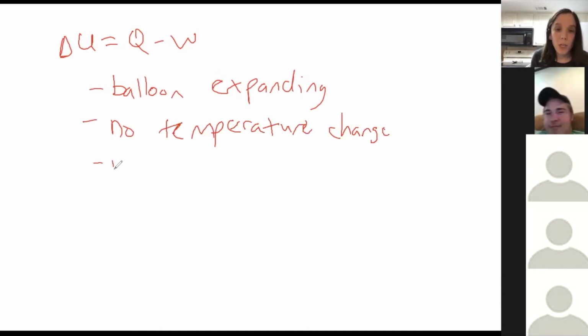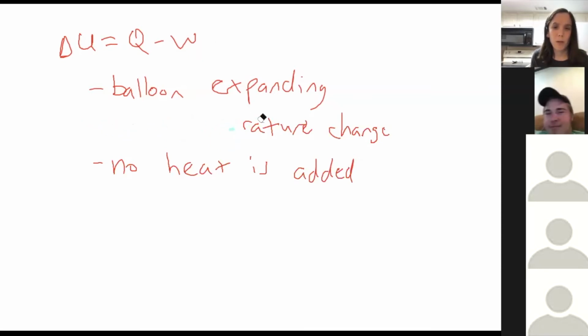And we'll say no heat is added. Actually, I'm sorry. Let's take out the temperature change. Let's ignore that for right now. Make this less confusing for a second. Let's just say this instead. Just ignore that middle one and just say that the balloon's expanding and no heat is added. But there could be a temperature change in this example.